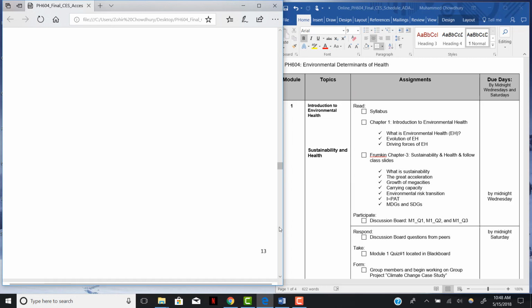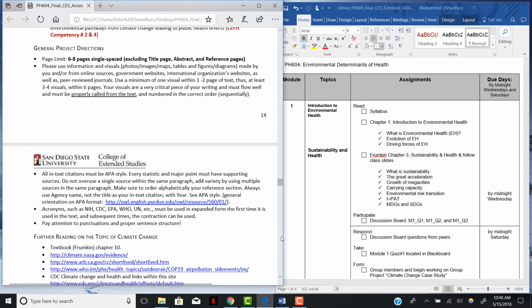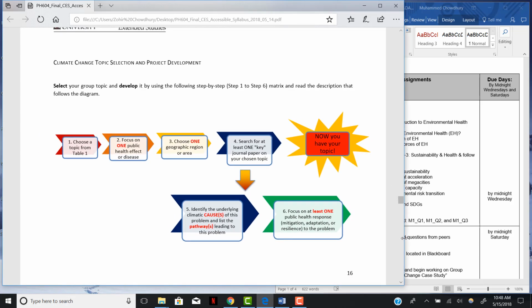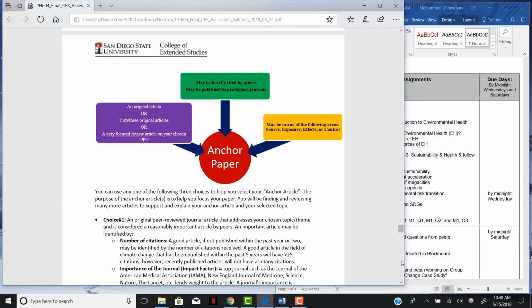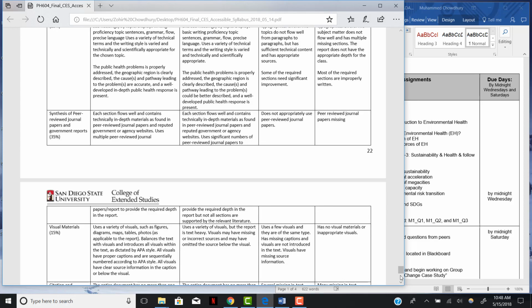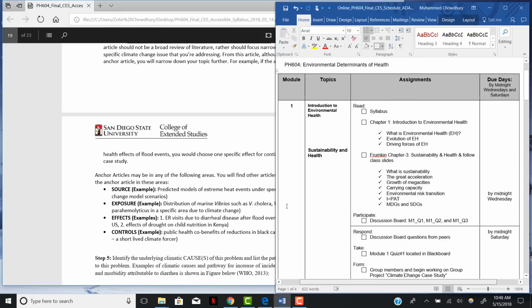And here are additional details that you should read. Towards the end of the syllabus, you'll see details about the case study. It talks about what to expect from your climate change case study, which is a group project, what you'll learn, and details about how to develop your topic as a group, as well as additional detail of what to submit towards the end and the grading rubric of the project.